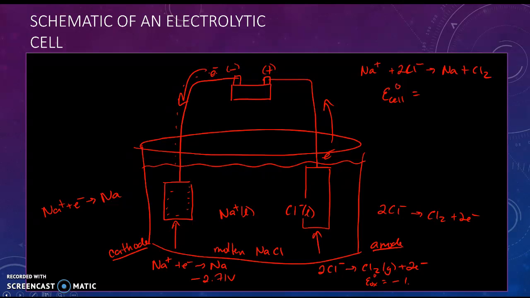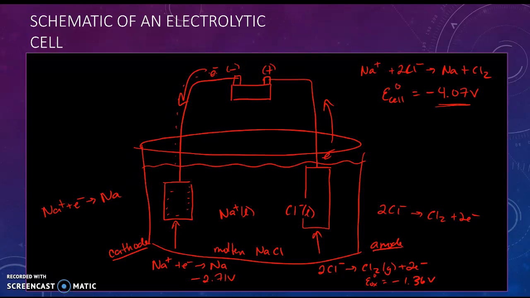So this oxidation potential is going to be negative 1.36 because the reduction potential is positive 1.36. So when I add these two together, I'm going to get an E cell of negative 4.07 volts. So what this means is that in order to accomplish this, I need to apply 4.07 volts. If I do that, then I climb the energy hill that I need, and this electrolysis will occur.